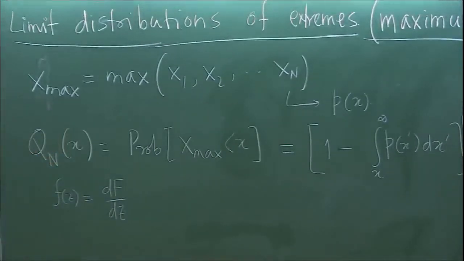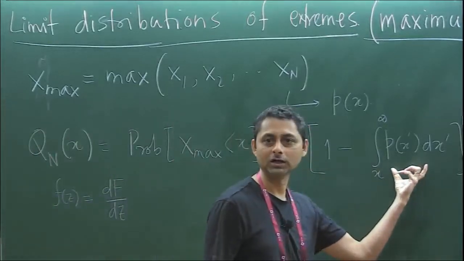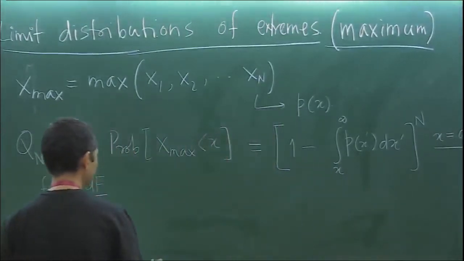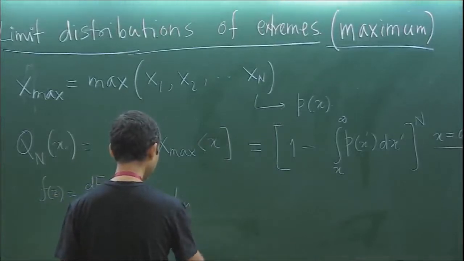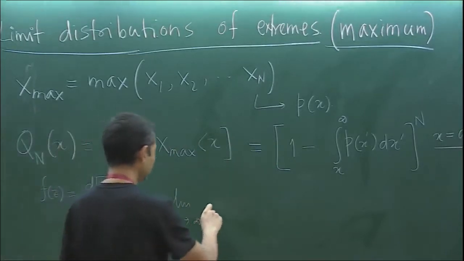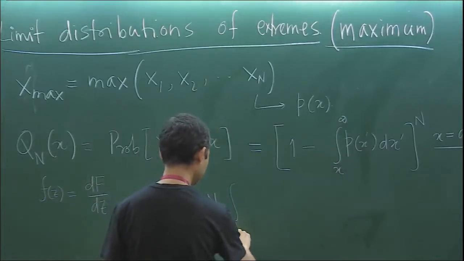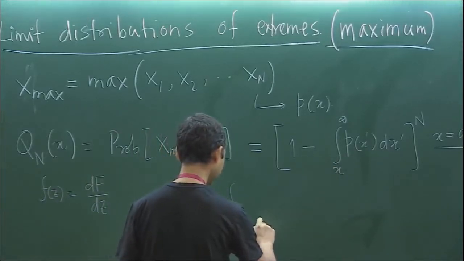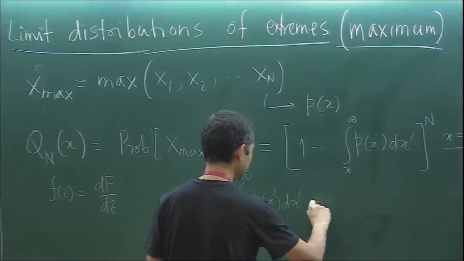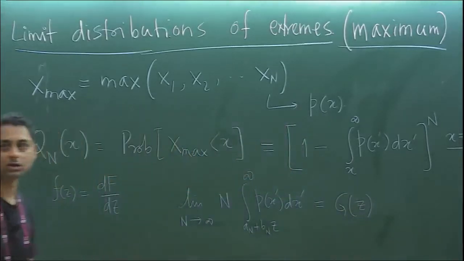Okay, and then we say that if such a limit has to exist, this should be of order 1 over n, right? And then this is the same condition that if I take n going to infinity, you multiply by n, you change x to a n plus b n z in the integral of p x prime dx prime, this should go to a function that only depends on z.